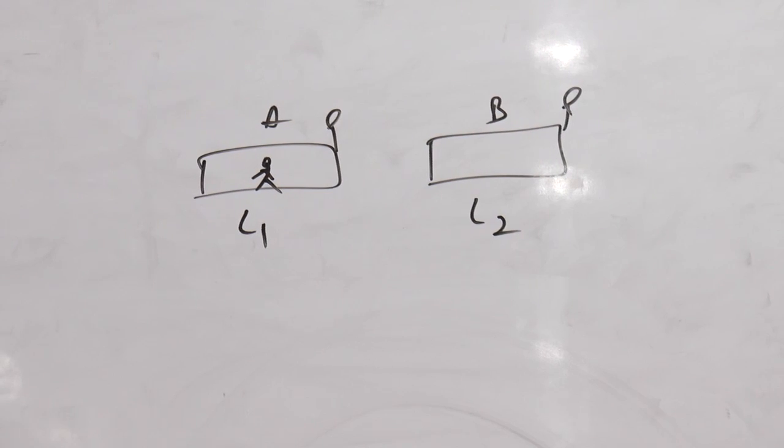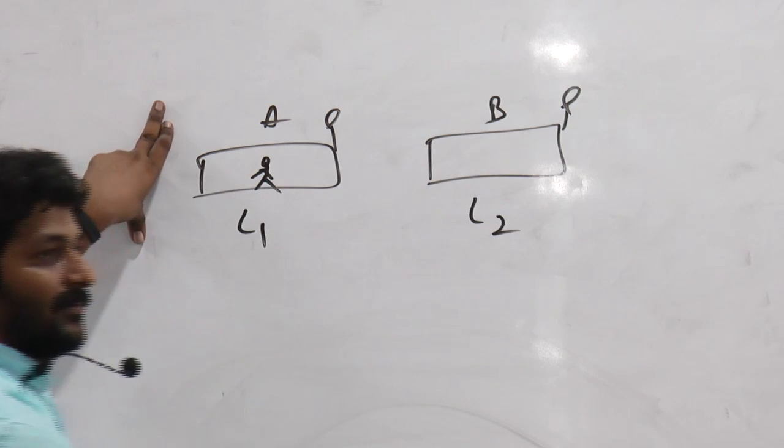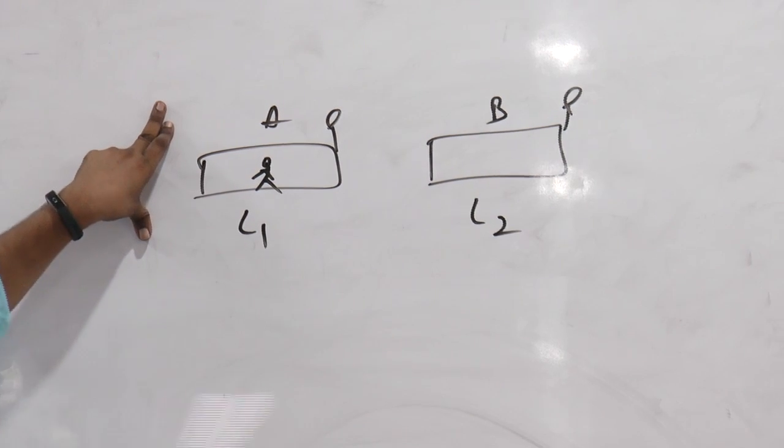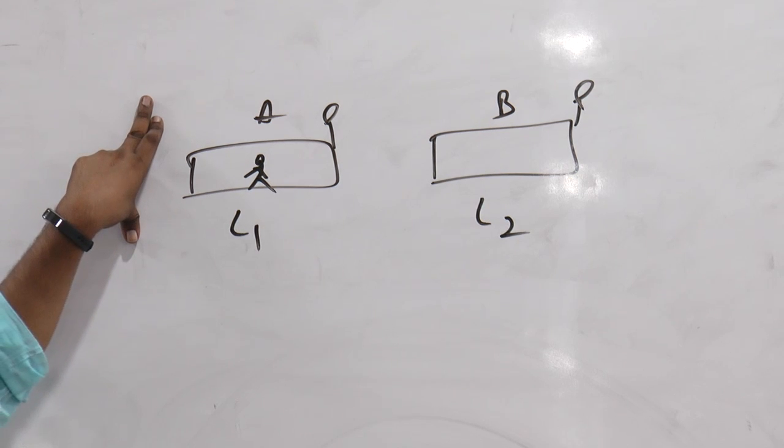Now, what is same in both the cases? Relative speed. If train A crosses train B, what is the relative speed when they are moving in the same direction? S1 minus S2. Are you getting my point or not?